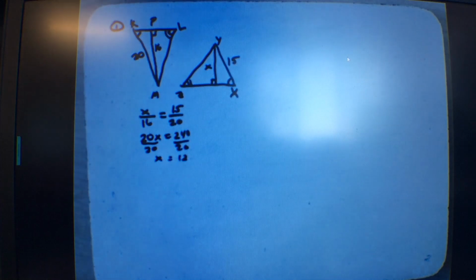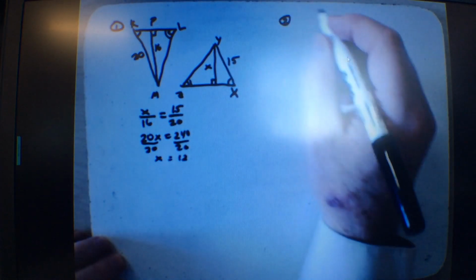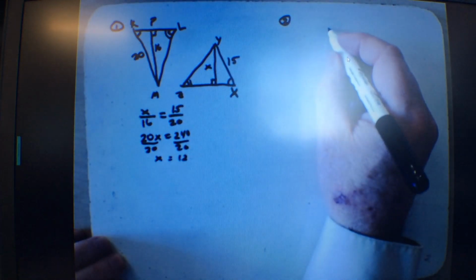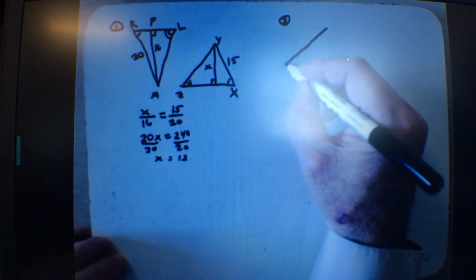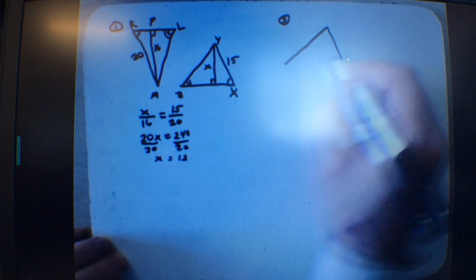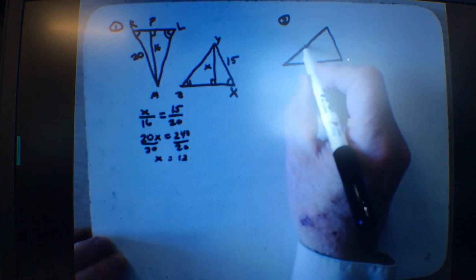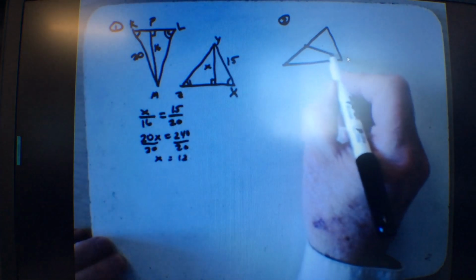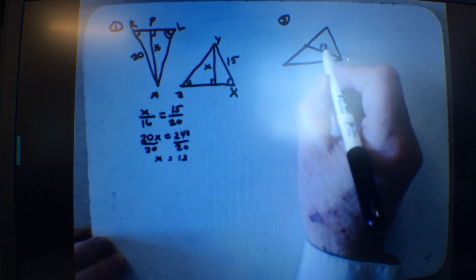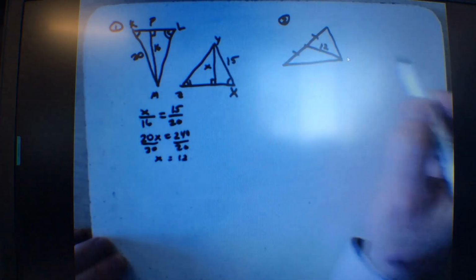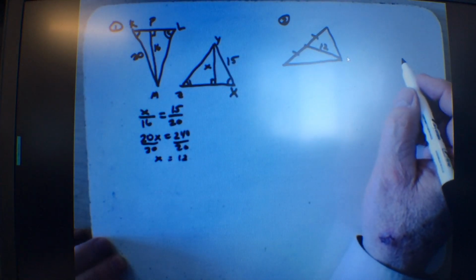Okay. I'm going to give you one to do real quick to make sure that you're understanding it. This is 12, and what is that? Tell me what that is. Median. It's a median, all right?